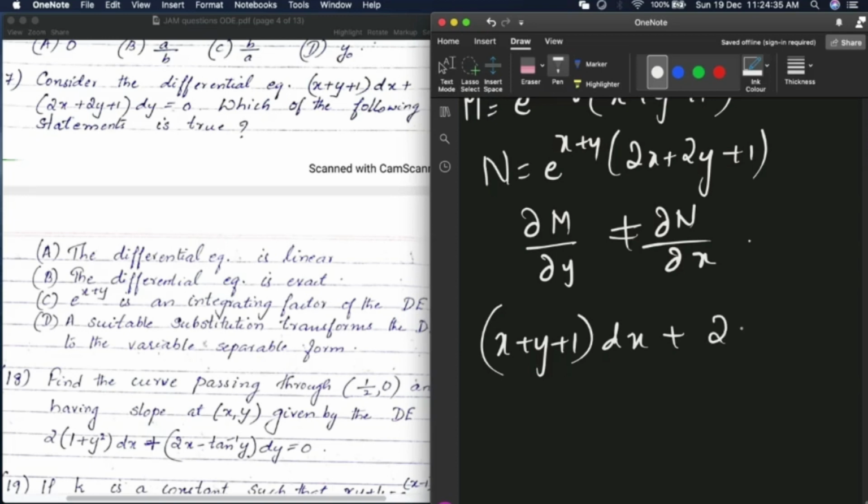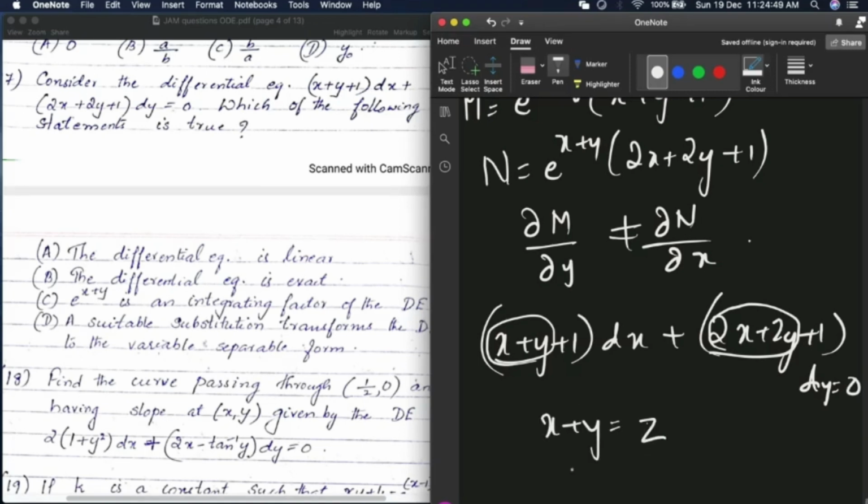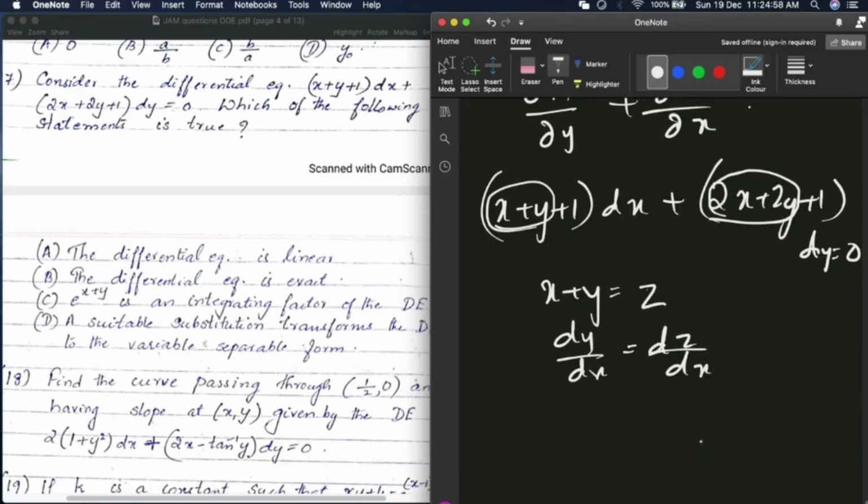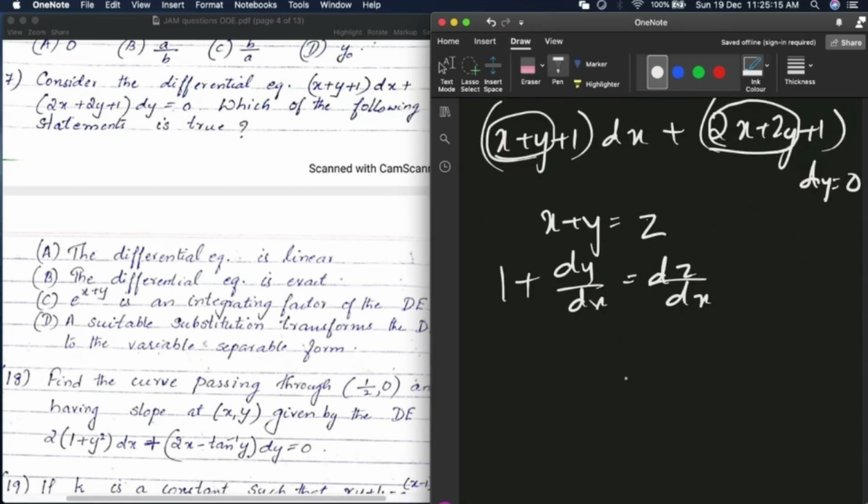Even otherwise, you see 2x plus 2y plus 1, you can see this term here having a common factor. So I think that substitution should work. So if I put this as z, so dy by dx is equal to dz by dx. Sorry, I made a mistake. 1 plus dy by dx is equal to dz by dx. It's coming now.